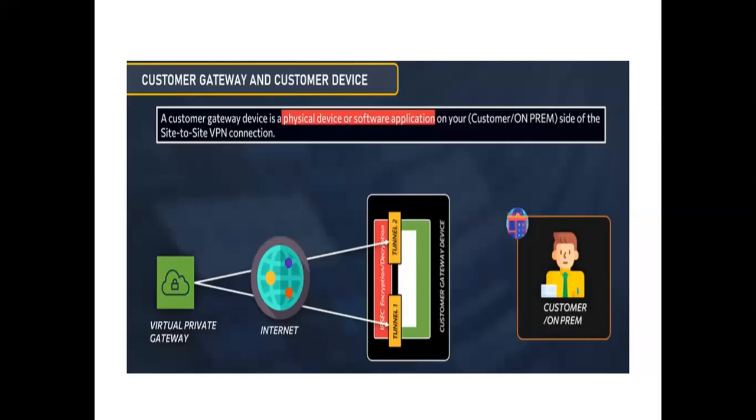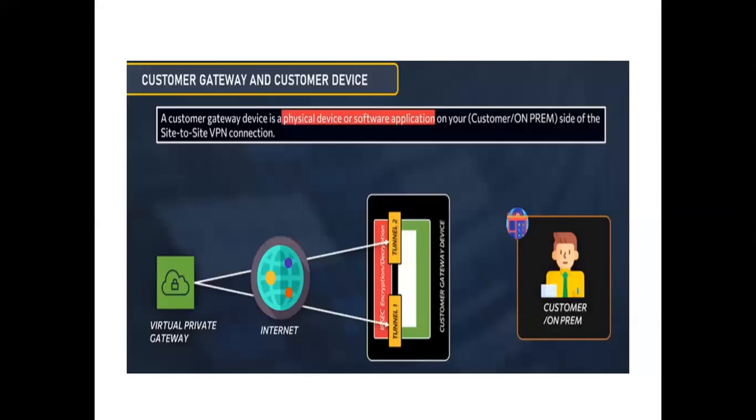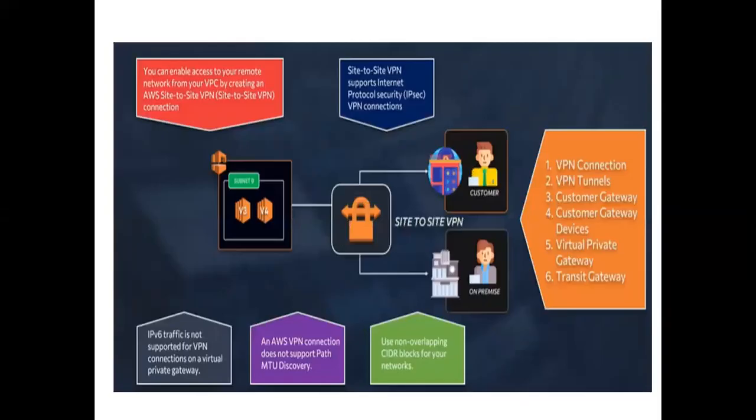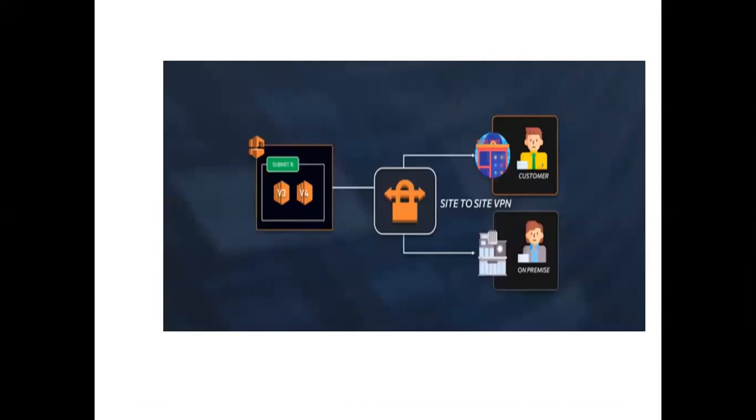Without these devices, you cannot create IPsec tunneling. So whenever you want to create a tunnel, you need to have these devices configured. This is what you will be doing for your VPN connection. Whenever you want to create a VPN connection, you need to have all these devices configured, a public IP configured, and internet access. Then at your AWS side, you will have two options. One is called the virtual private gateway.